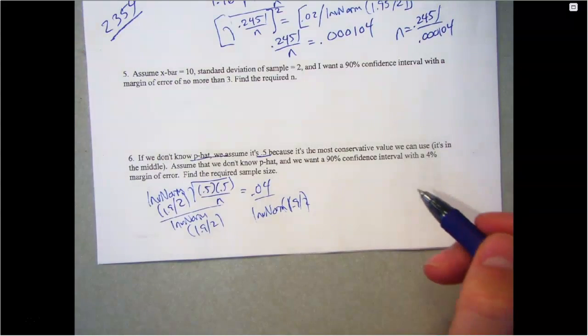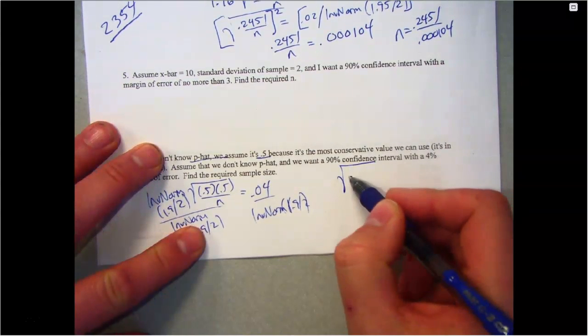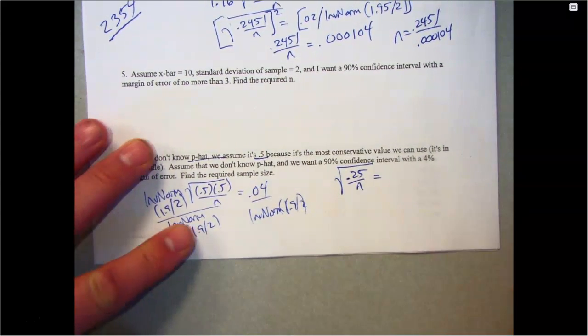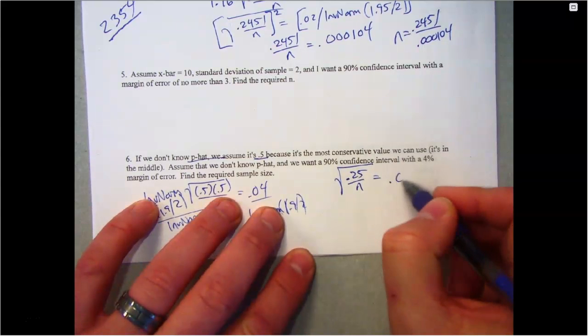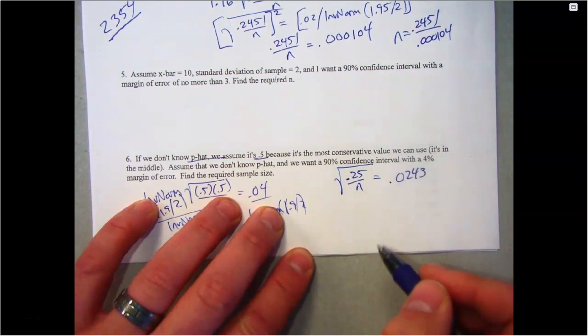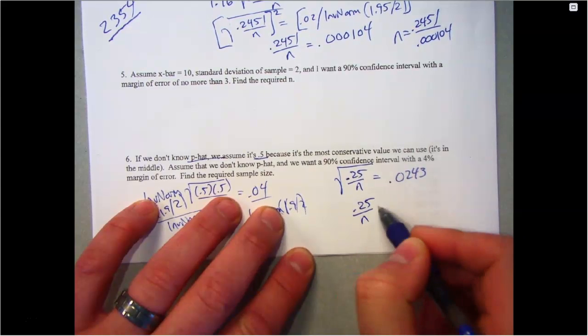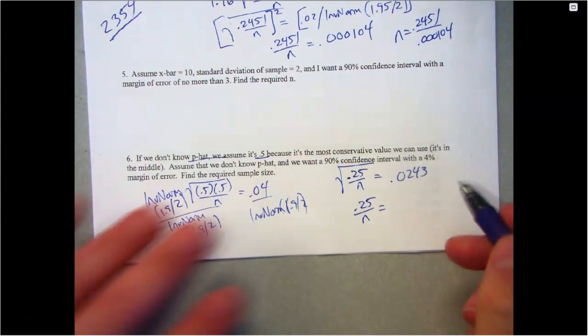So I'll get the square root of 0.25 over n equals 0.0243.